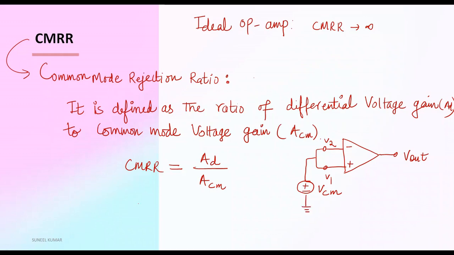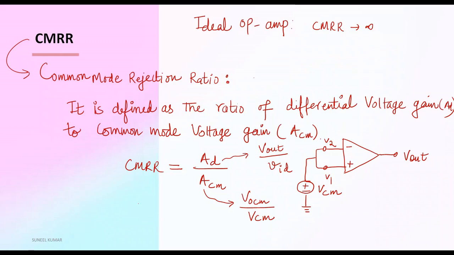We know AD is basically V output divided by VID, while ACM is calculated as V output when both terminals are common, divided by VCM. This way we can calculate the CMRR.